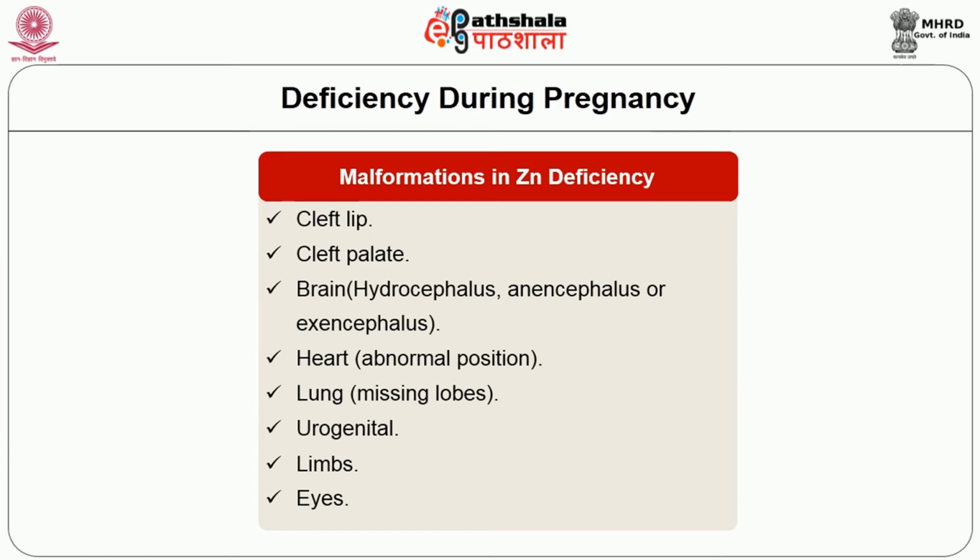All these are mainly because of severe deficiency of zinc. So especially in the critical stage of development in utero, it is very, very essential. Also in the early stages of development, that's infancy. That's why exclusive breastfeeding is very, very essential during that stage.